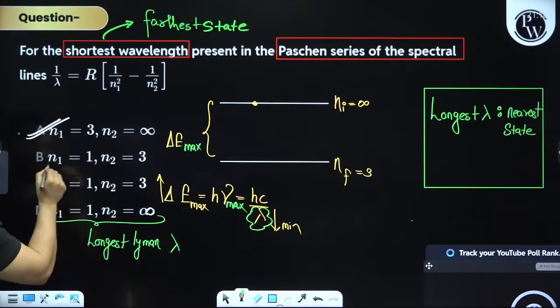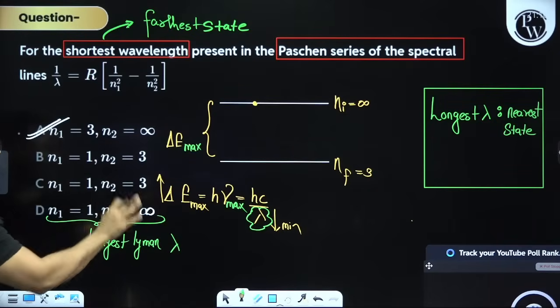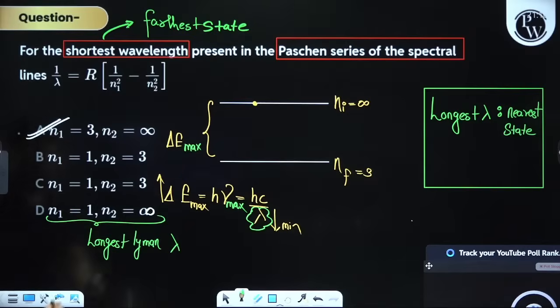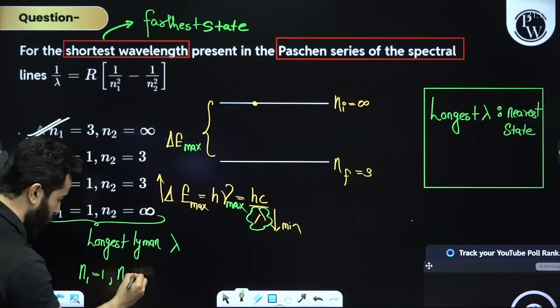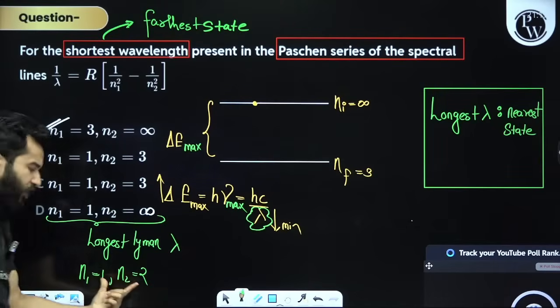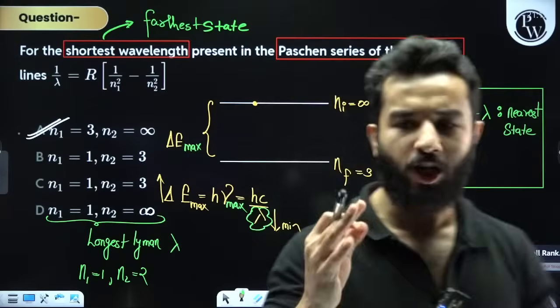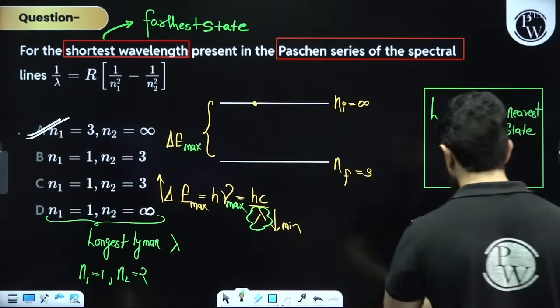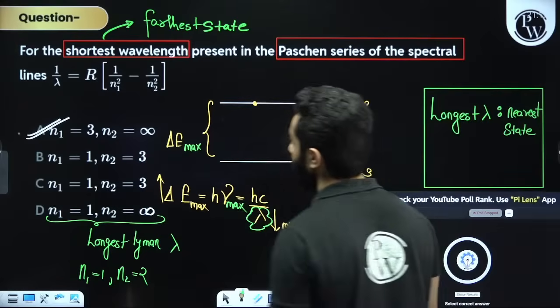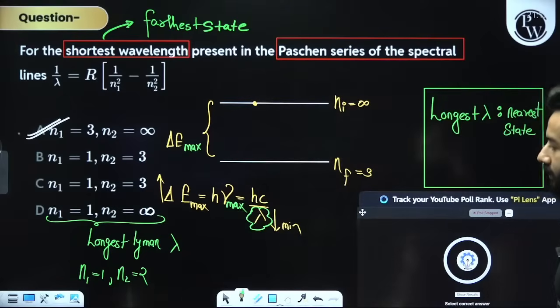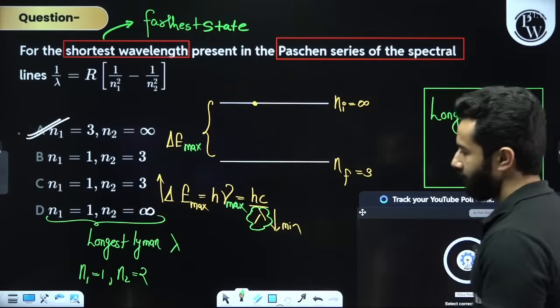If let's suppose n1 is equal to 1 and n2 is equal to 2, this is the longest Lyman. Clear? Everything is clear, na?